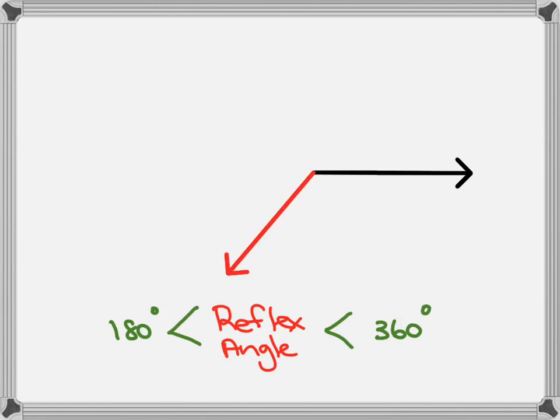So let's draw maybe that over there. A reflex angle is something that measures about 270 degrees. It's greater than a straight line, but it's less than a full revolution. Okay.